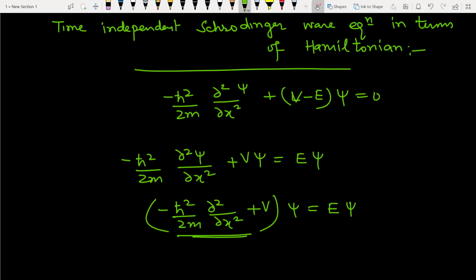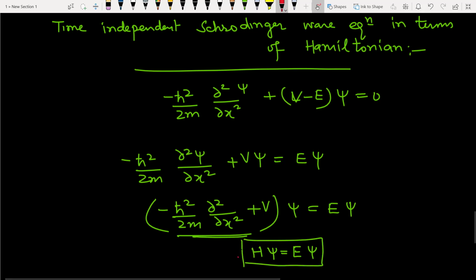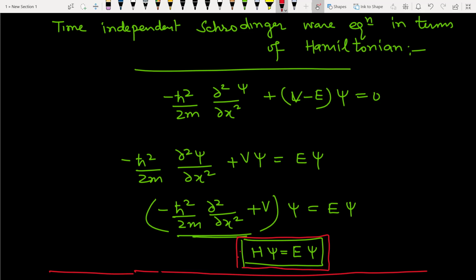This is the Hamiltonian operator. So this is our Schrodinger wave equation that we studied in the previous lecture, and it can be written in a very simplified way: H ψ is equal to E ψ in terms of the Hamiltonian operator.